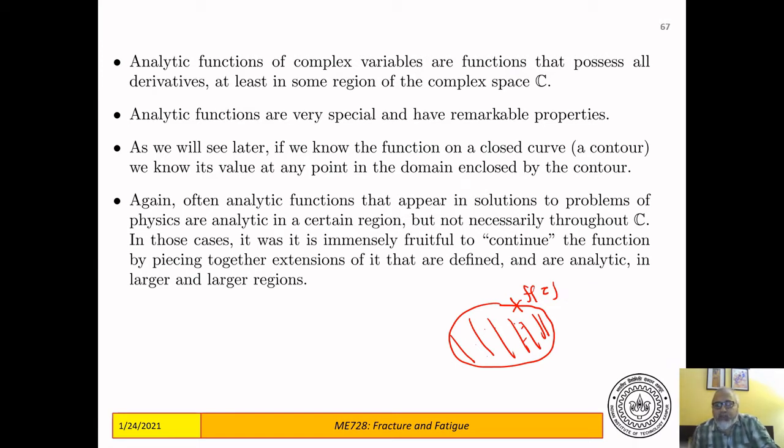We can continue this function and piece together another function which is analytic over a larger domain. So we can expand the domain of analyticity of this function by piecing it together with another function in a method which is known as analytic continuation. So this makes analytic functions very useful and very remarkable at the same time.